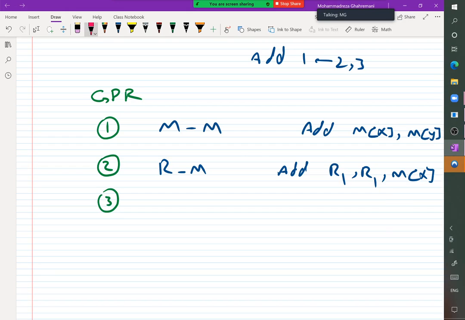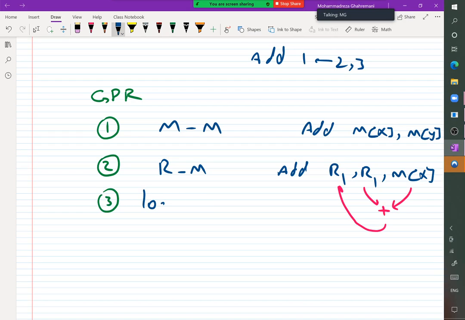Okay, so add these two and store the result in register R1. We see at least one operand is in the memory.